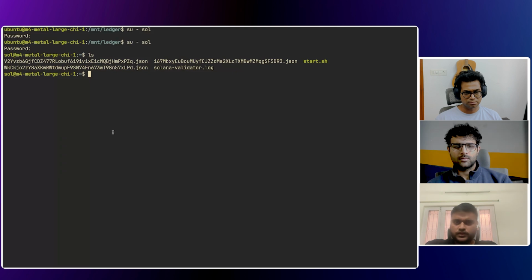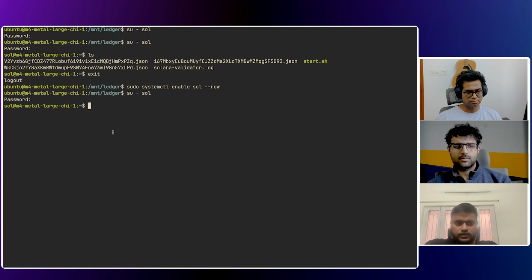Yeah, and I guess we can start. There's nothing specifically missing from this. To start, you just have to start the service file. When you log back in, I used sudo, so that's why it was my root user, and I came back to sol.